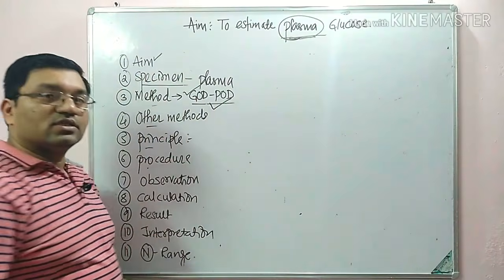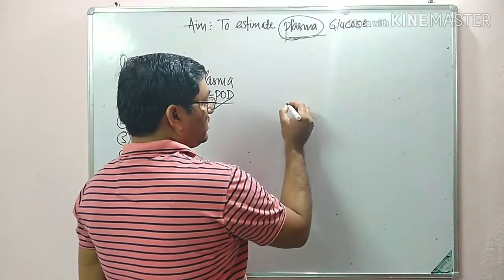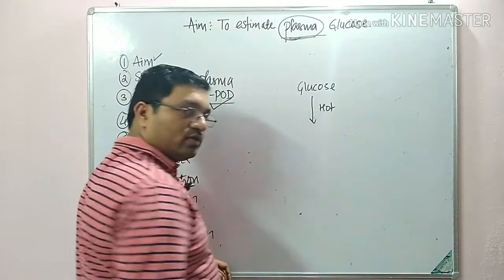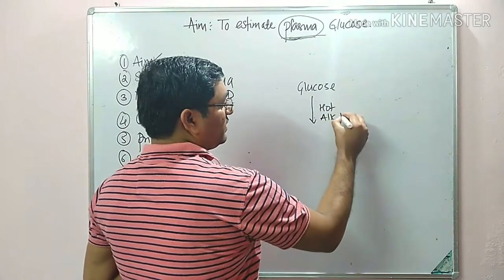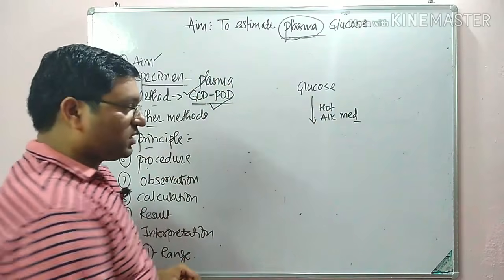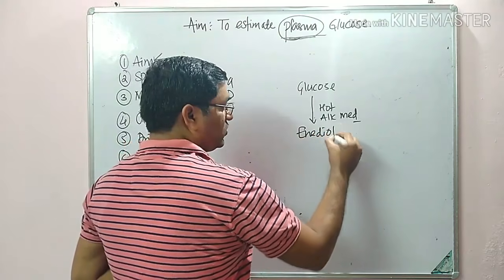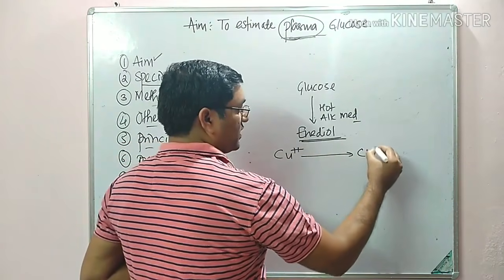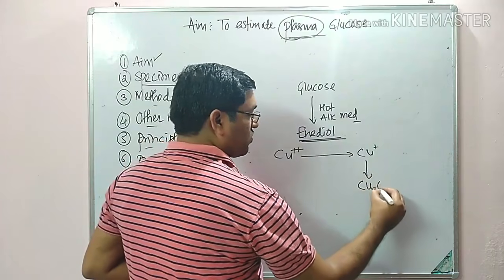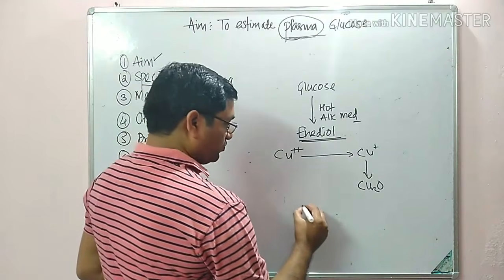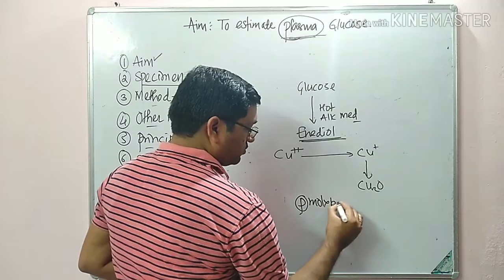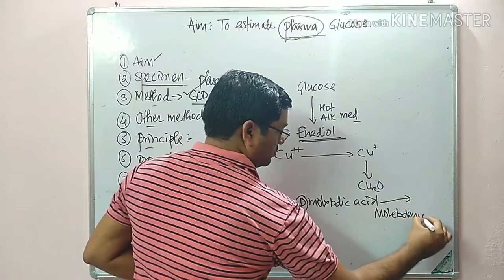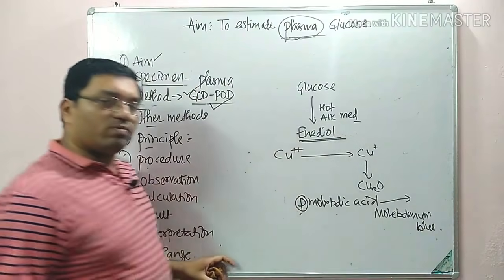The principle is, glucose in hot alkaline medium, which is provided by NaOH, is converted into enediol. Enediol is a strong reducing agent which reduces cupric ions into cuprous ions, and there is formation of cuprous oxide which reacts with phosphomolybdic acid into molybdenum blue. So blue color is there.